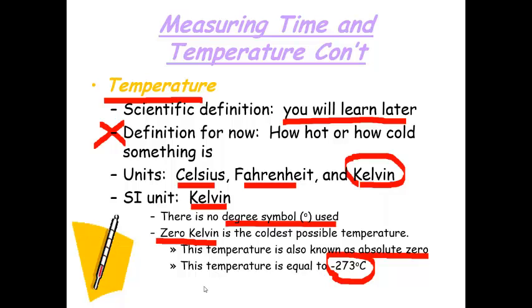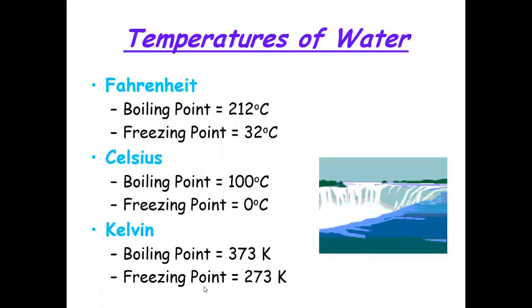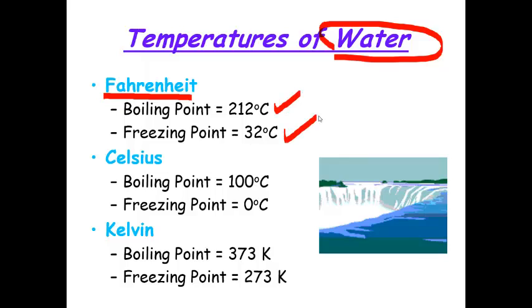Here are your temperature scales, just to kind of refresh. You probably know these, but Fahrenheit, if you want to boil water, and this is talking about water, is 212, and the freezing point's 32. So that's why, when we watch the news and stuff, if it gets below 32, we're at freezing. Celsius, you boil water at 100 and you freeze at 0.